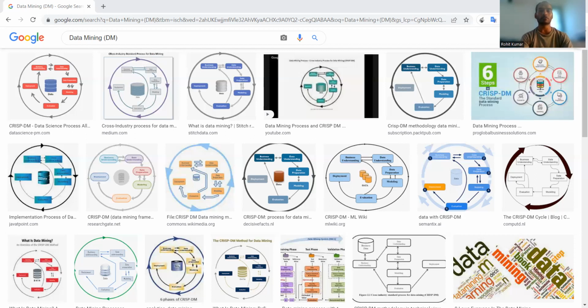But all of these come from institutions which have good funding available, because when you go for research, a lot more funding is required.